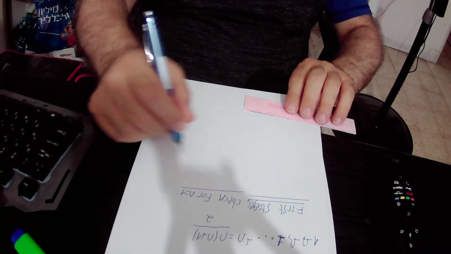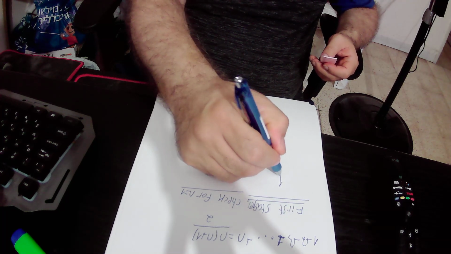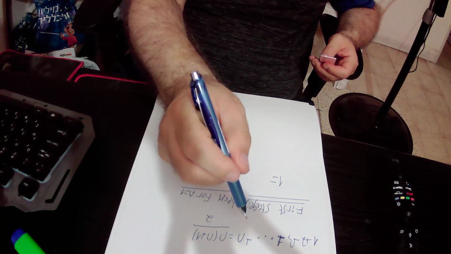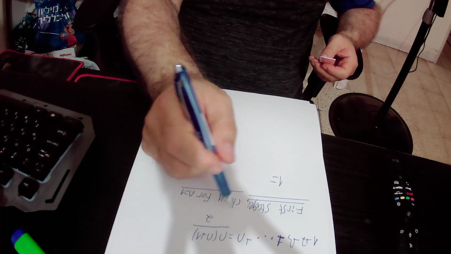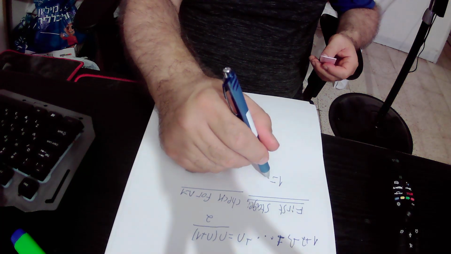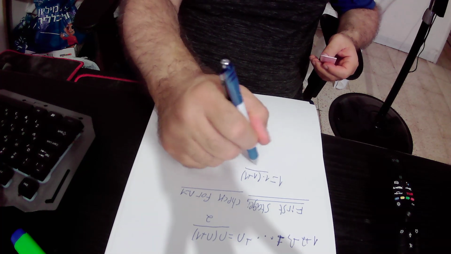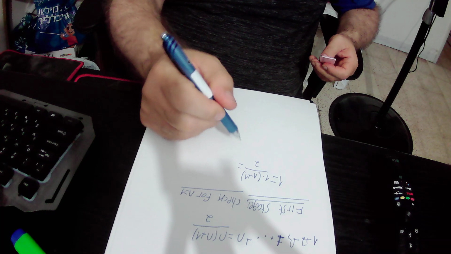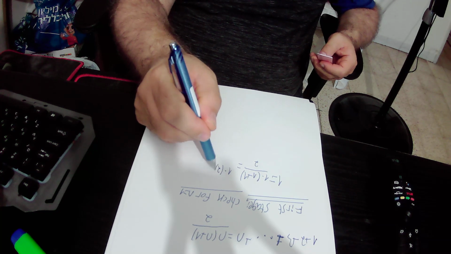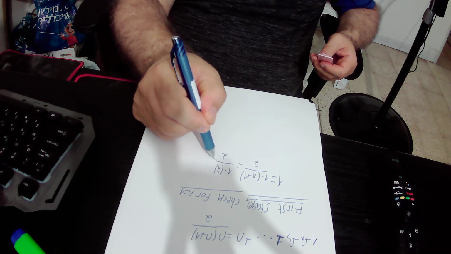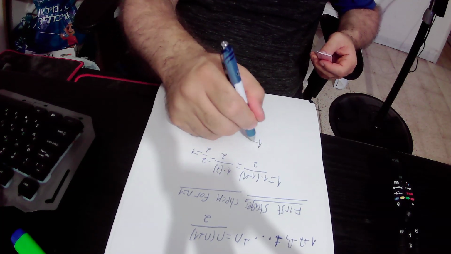Okay, so on this side of the equation we will have only 1 because n equals 1. 1 equals, on the other side of the equation we will have n times n plus 1 divided by 2, and n equals 1, so it will be 1 times 1 plus 1 divided by 2 equals 1 times 1 plus 1 is 1 times 2 divided by 2. 1 times 2 is 2. 2 divided by 2 is 1. So 1 equals 1.